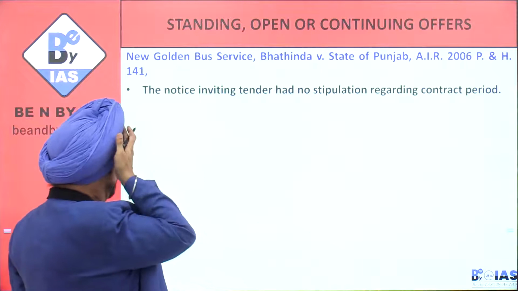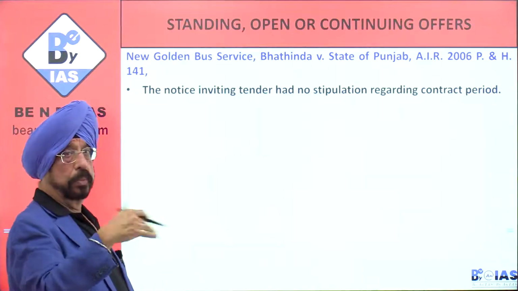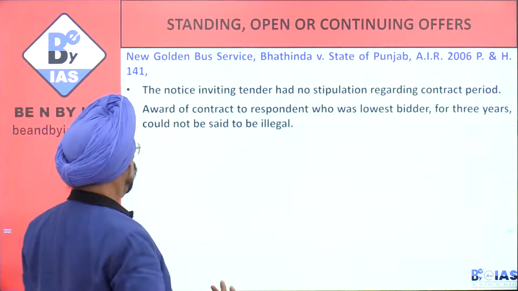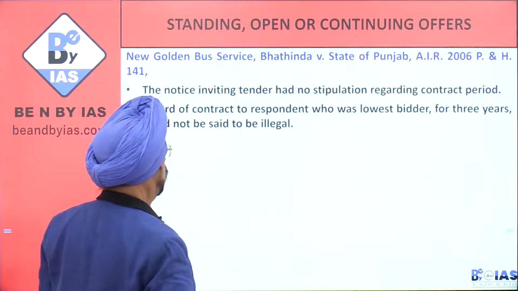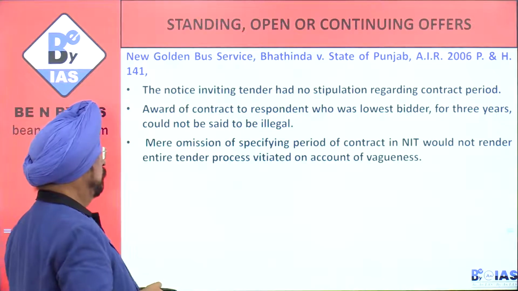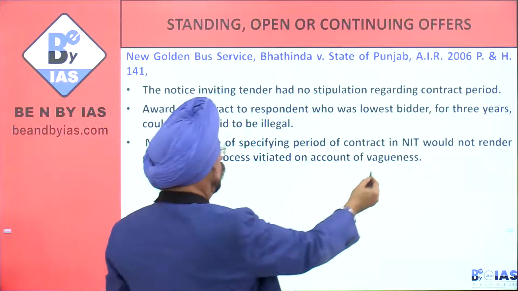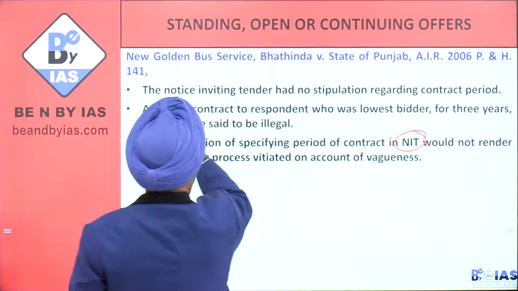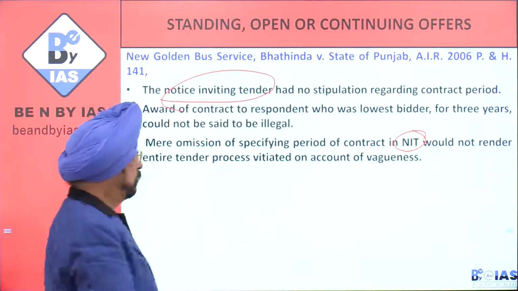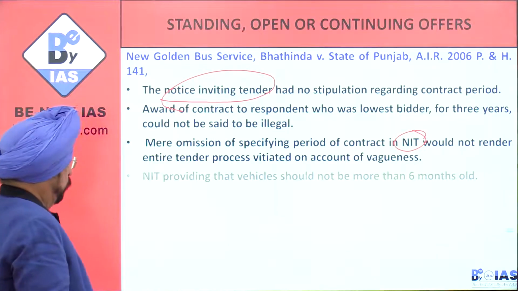Notice inviting tender had no stipulation regarding contract period. Held: award of contract to respondent who was lowest bidder for 3 years could not be said to be illegal. Mere omission of specifying period of contract in NIT, notice inviting tender, does not make it illegal. You don't get confused. चलिए.